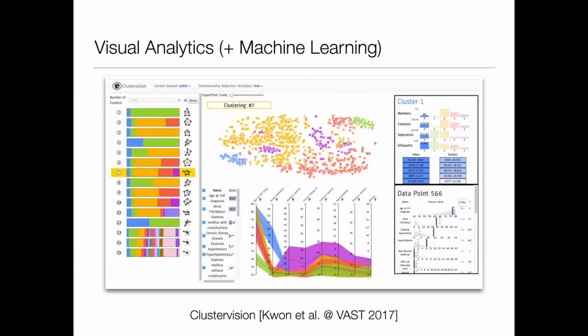The back end has these machine learning techniques that are analyzing your data and giving you these visualizations through the front end, through the browser. And as you play around with these visualizations, as you change parameters or choices, the back end is automatically updated, and then the visualization is automatically updated.